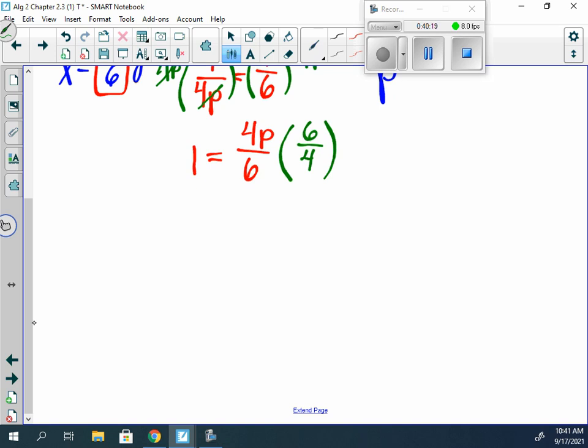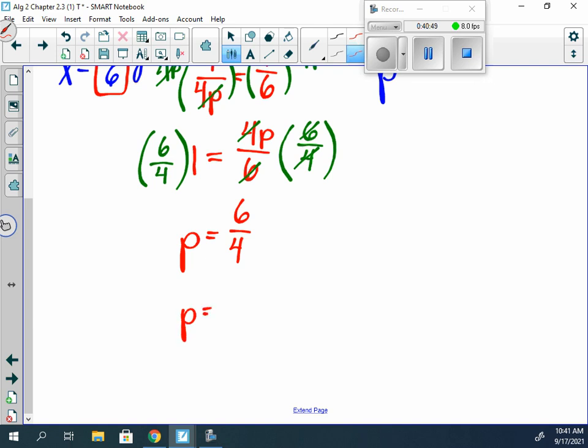Because that would give us 6/6, yes? Which is? And then the 4p and the 4 on bottom would become 4/4, which is? Six and 6 would cancel, 4 and 4 would cancel, which would give me p by itself is equal to what? 6/4, yes?